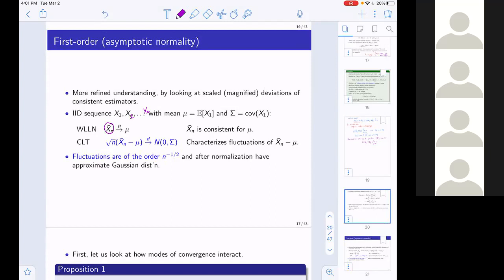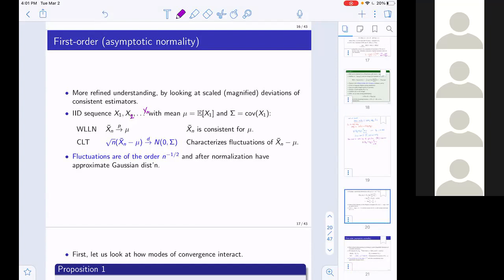This is the probability world. This is the statistics world. So this can be restated as a statistics fact: x bar n is consistent for mu. That's another restatement of the weak law of large numbers. The sample mean is consistent for estimating the population mean, and this is a consequence of the weak law of large numbers.